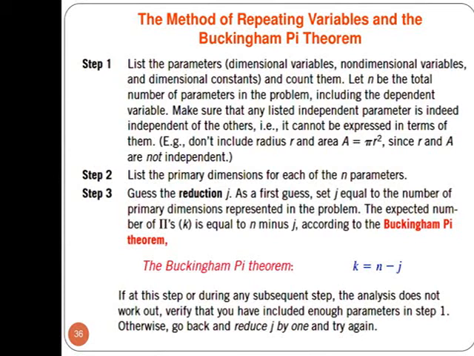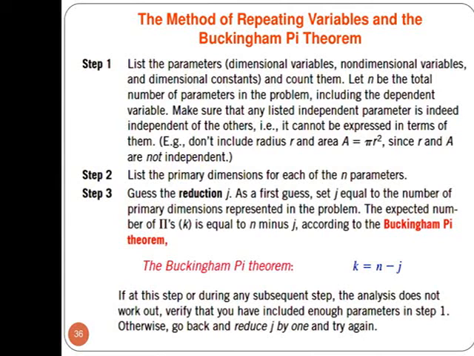Step 2. List the primary dimensions for each of the n parameters. Step 3. Guess the reduction. As the first guess, set j equal to the number of primary dimensions represented in the problem. The expected number of pi's, k, is equal to n minus j, according to the Buckingham pi theorem.